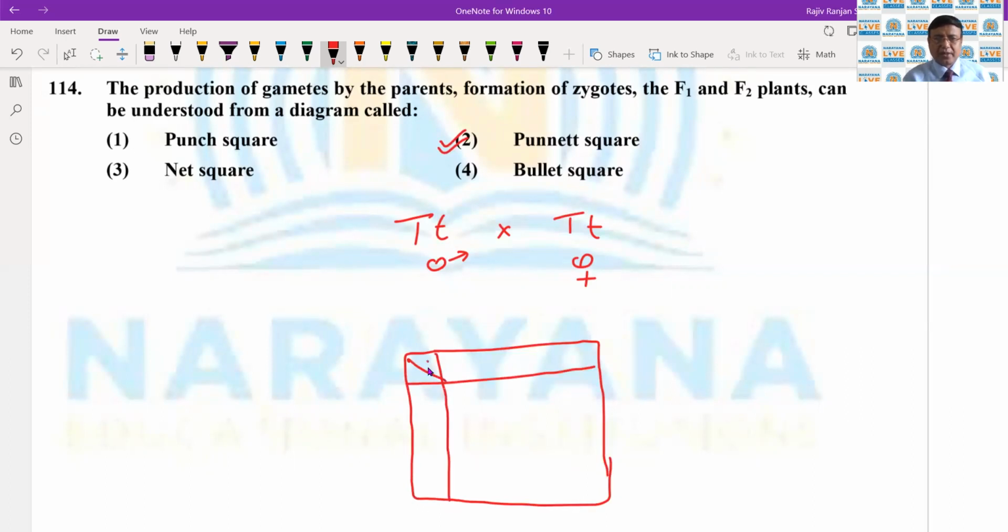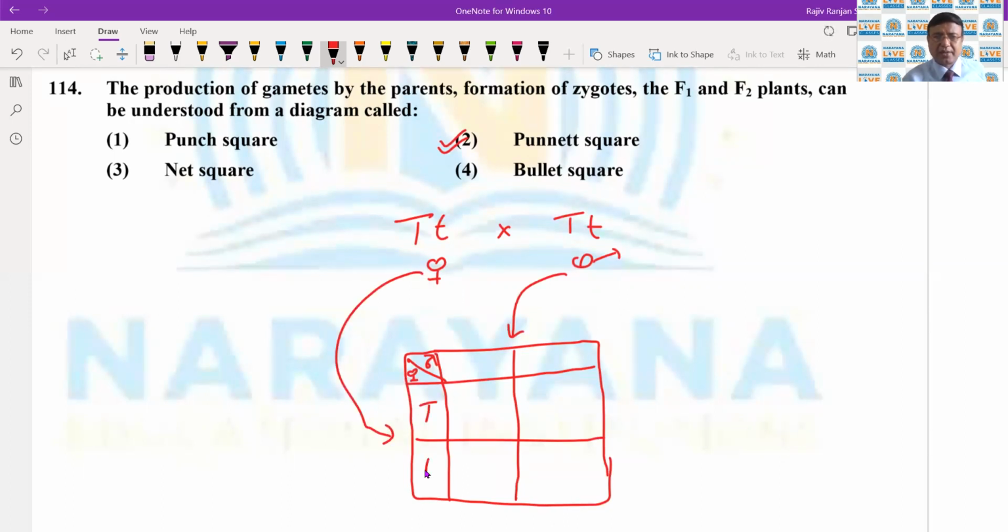Here, this part represents the male gamete and this part represents the female gamete. On one side we show the male gamete and on the other side, the female gamete. So the gametes of male are shown here and the gametes of female are shown here.